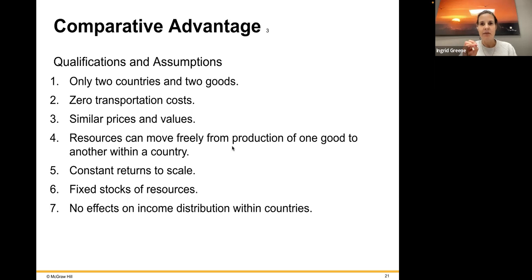Because we're saying that people can very easily switch from making rice to making cocoa. Maybe they can, maybe that's a simpler model, but when we talk about going from making steel to coding software, then it's very, very different. Right, so let's go ahead and hop on to the next one, constant returns to scale.